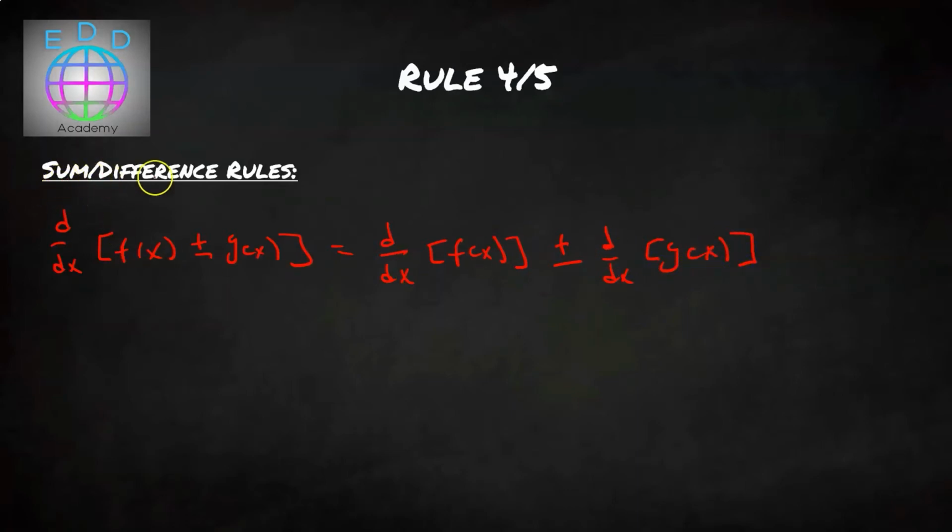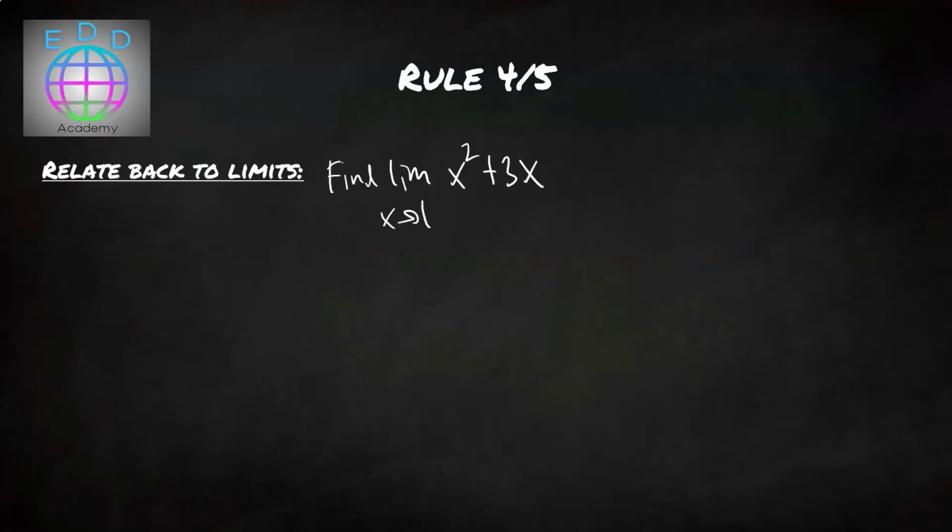Note I am combining the sum and difference rules here because subtraction is just adding a negative value to something, so they're very closely related.